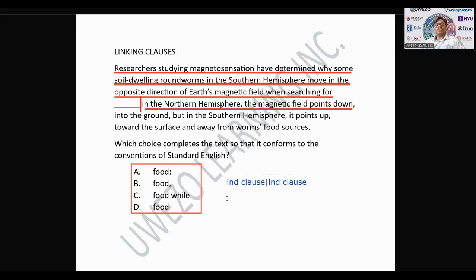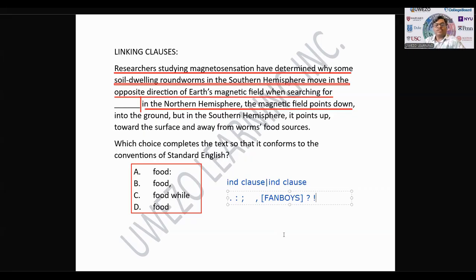So the punctuations that can be used to connect two independent clauses are period, we have a colon, we also have a semicolon, we have a long dash, and we have comma plus FANBOYS, and we also have question mark and exclamation mark.